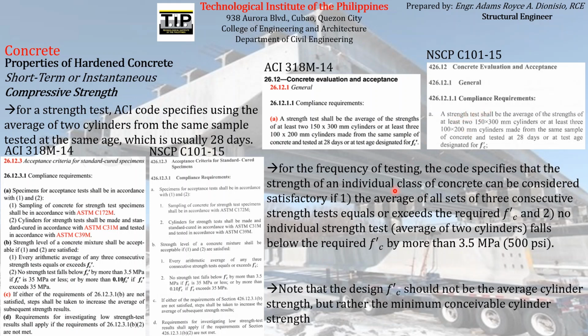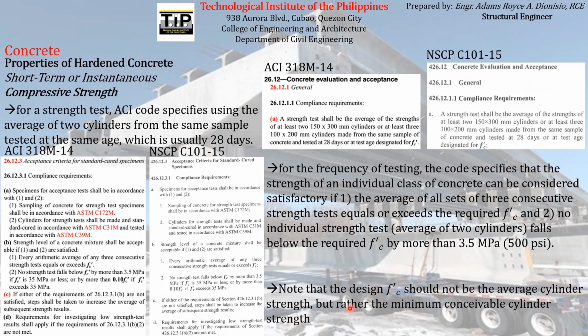strength test result that we had, which is 34. 34, 35, 36. So if the lowest strength test result is 34, the FC prime that we will be using is 34, not the average of 34, 35, 36.